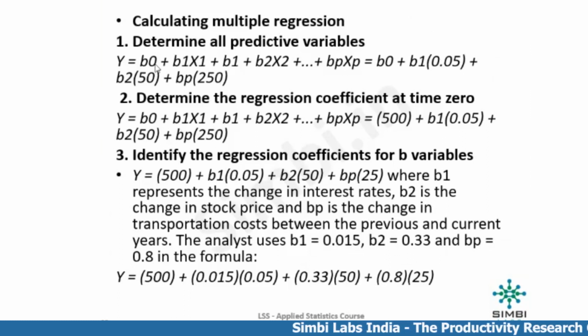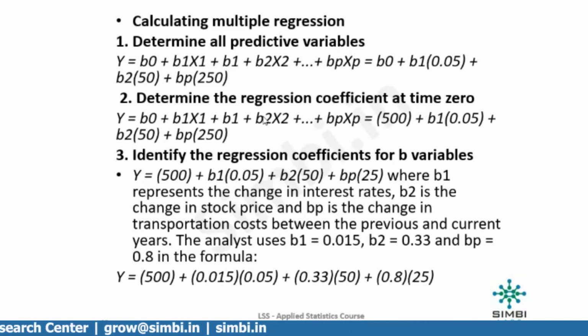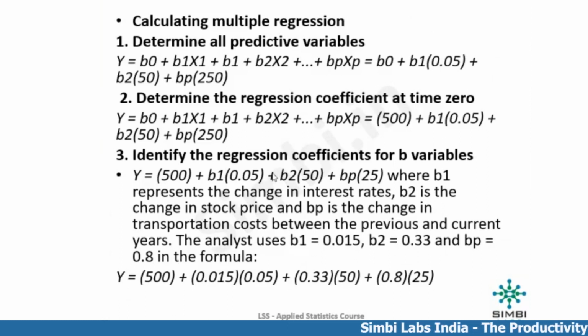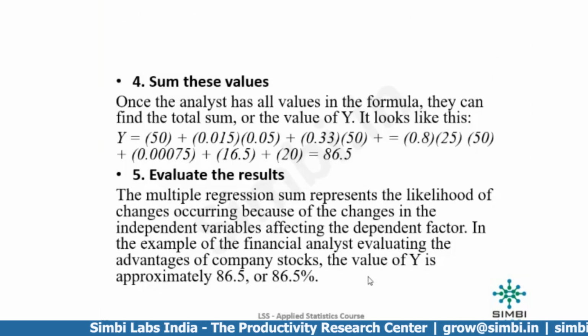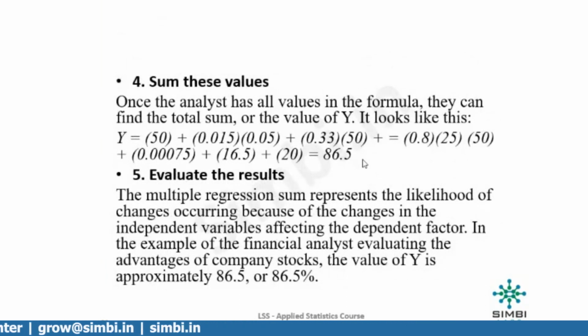So y equals b0 plus b1 times one independent variable plus b2 times another independent variable. Like that we need to add all independent variables, and next determine the regression coefficient by adding all those values. Summing all those values, we got y equals 86.5, and next we need to evaluate that result.